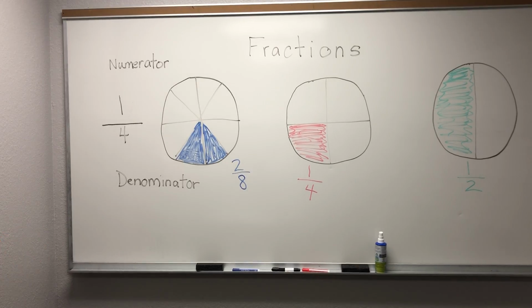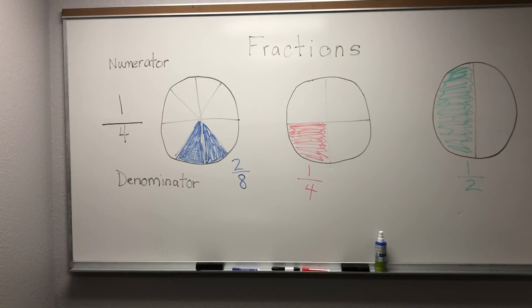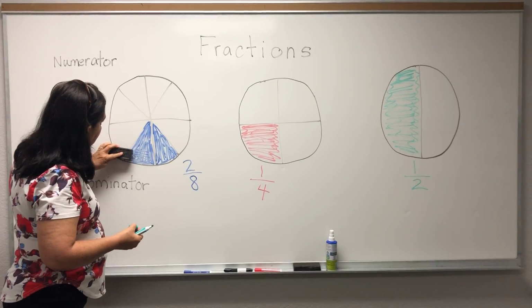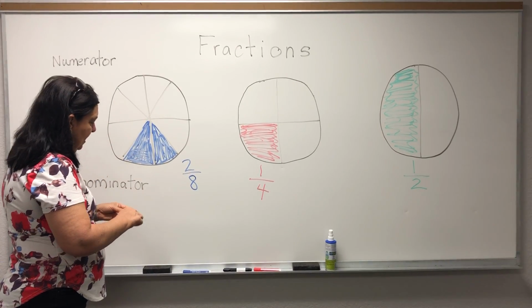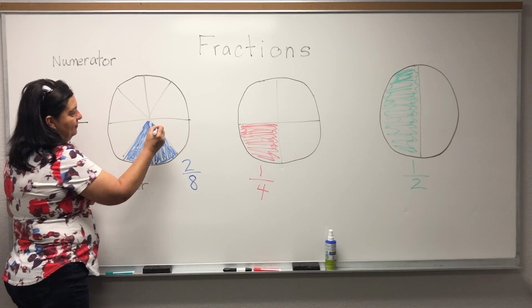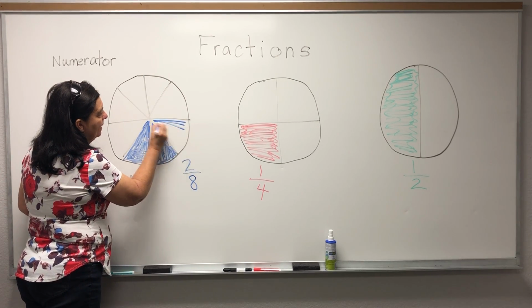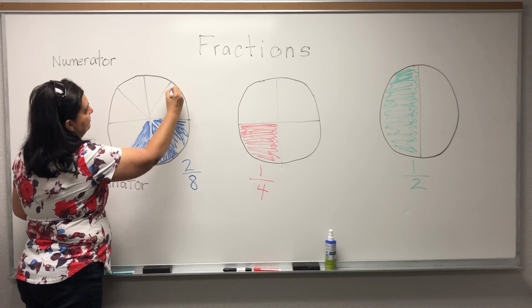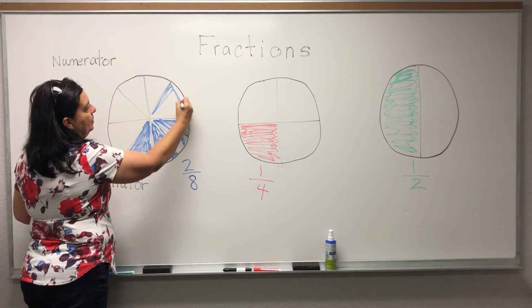Sorry, I'm trying to finish my tangerine there. All right, so let's say, well, we'll keep that we ate two pieces. But some friends came over, 2 of our friends, and it really doesn't matter what part you shade in.